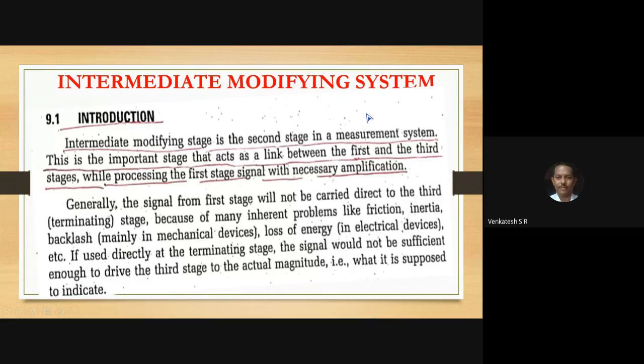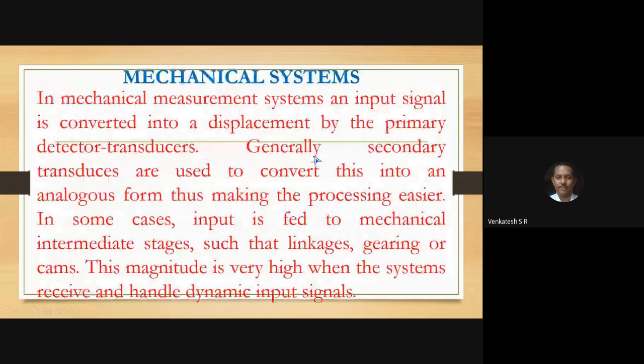Here, the input signal that is coming from the primary stage is amplified, rectified, and converted into an analogous signal. Again, that analogous signal is converted into a voltage signal. The name itself indicates intermediate modifying system.